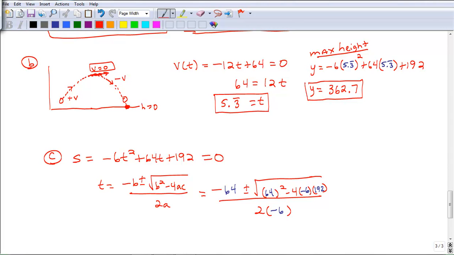And I calculate this. So we have 64 squared plus 4 times 6 times 192, because those two negatives will make a positive. That gives me 8704 under the square root. If I take the square root of 8704, I get 93.3.